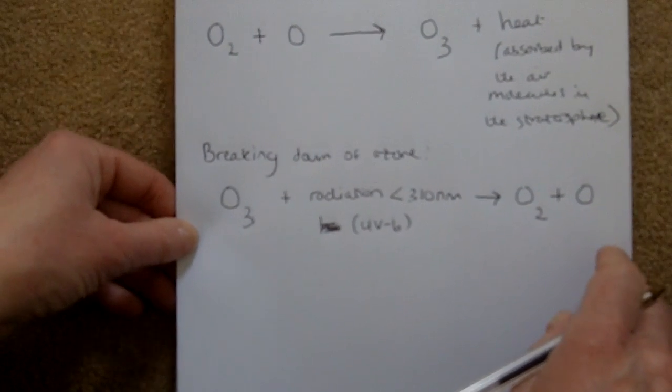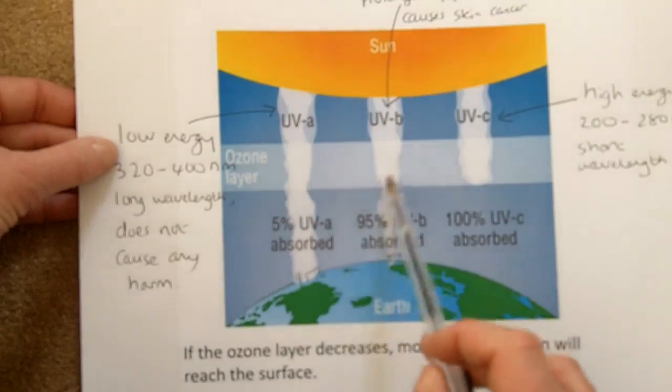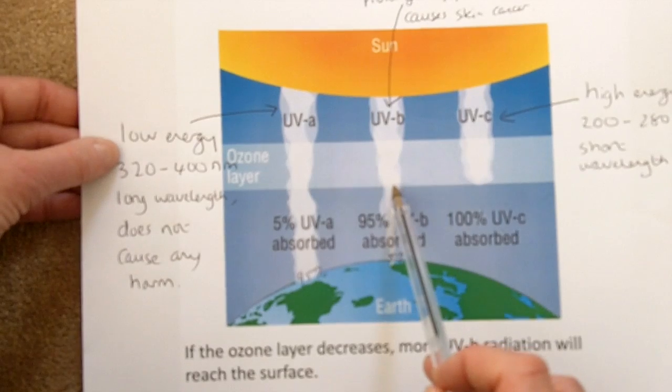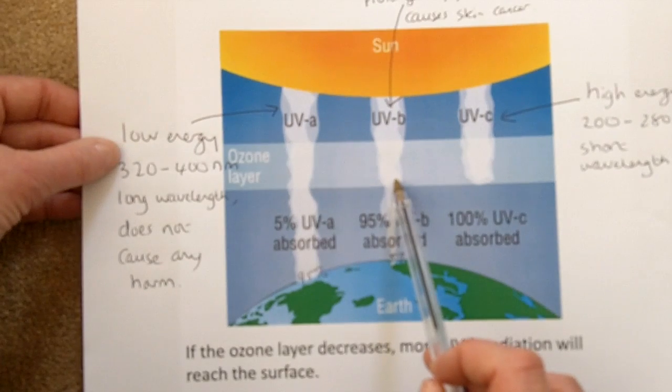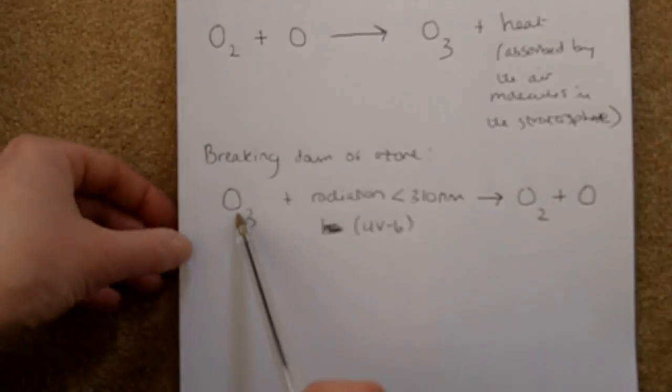So that is why a lot of the UVB does not get through the ozone layer. 95% does not get through because it's being used up to break down the ozone.